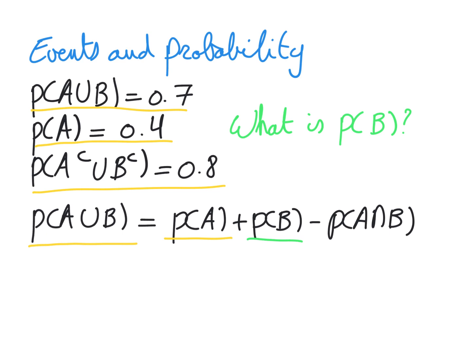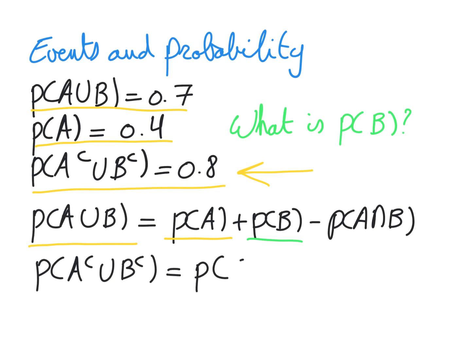Well, let's see, how can we determine the probability of A intersection B? That's where we will use this final statement here. And in fact, we're going to use De Morgan's laws. Because one of De Morgan's laws says that the probability of A complement union B complement is actually equal to the probability of the complement of A intersection B. Okay, so we're already a bit closer, but we still have this complement.